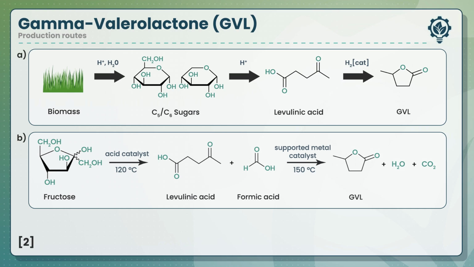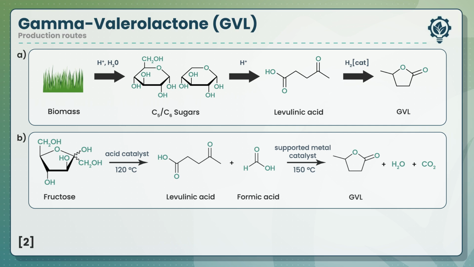The second route uses fructose, that is acid catalyzed and converted to levulinic acid and formic acid. With a supported metal catalyst, they are converted to GVL, water, and CO2. This route being a one-pot synthesis route.